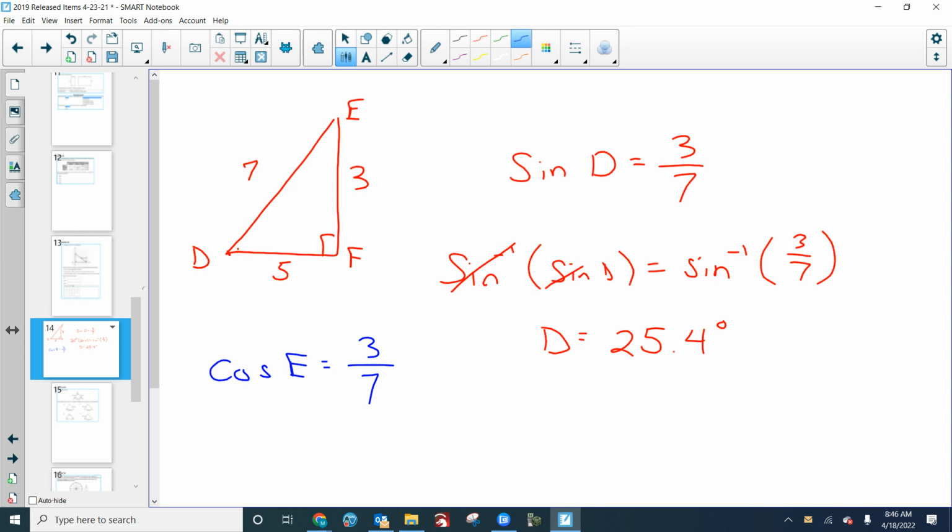Ax squared plus bx plus c, which you learned last year in algebra, was always a parabola, or upside down. The sine and cosine graphs have their own graphs as well. They're called sinusoidal, kind of like waves.